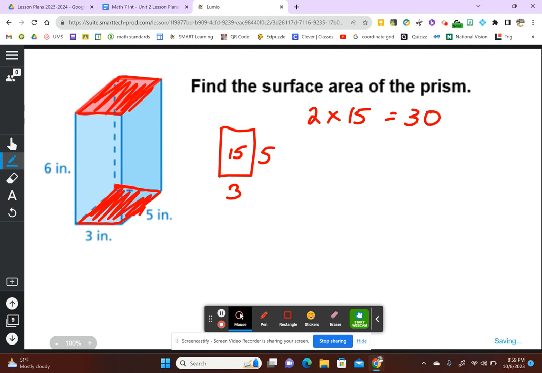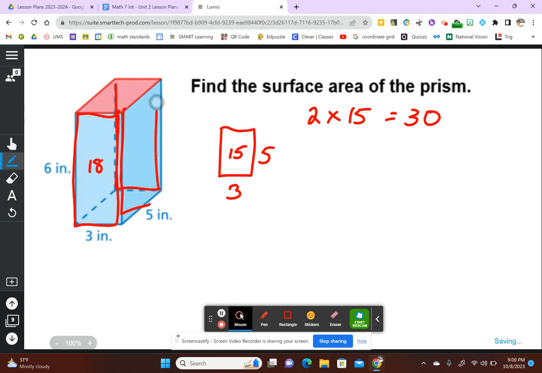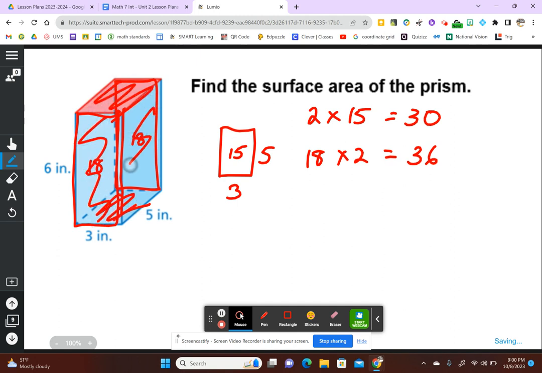But now we have to find the area of the other rectangles. We know that this is 6 and this is 3. So 6 times 3 is 18. There's one of these in the front and one in the back, which is 18. So I do 18 times 2, which is 36. So I have the top, the bottom, the front, and the back.